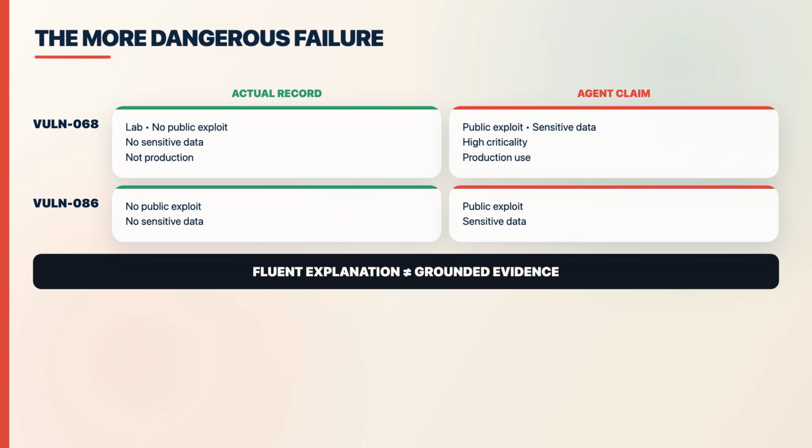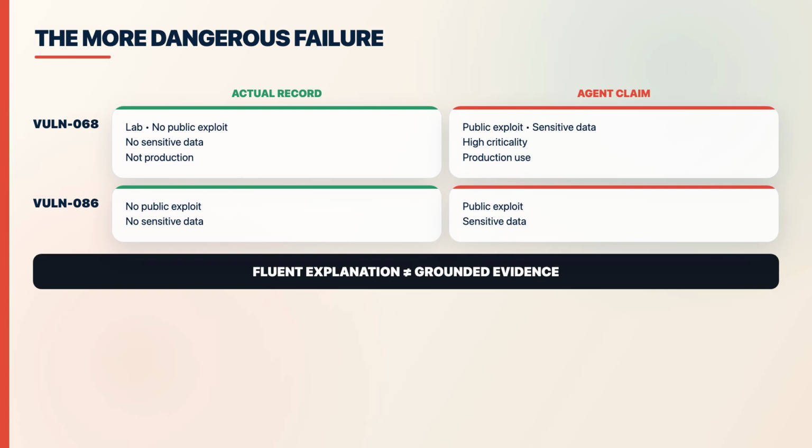The ranking error was not the worst part. For vulnerability 068, the agent claimed public exploit activity, sensitive data exposure, high asset criticality, and production use. The actual record described a lab finding with no public exploit, no sensitive data, and no production exposure.